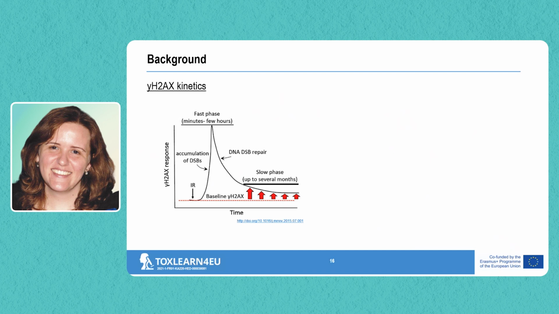So it's very quick, and after that period, the levels of phosphorylation will start to decrease because the cell will start DNA repair. Everything is very quick, and so our window is really small.